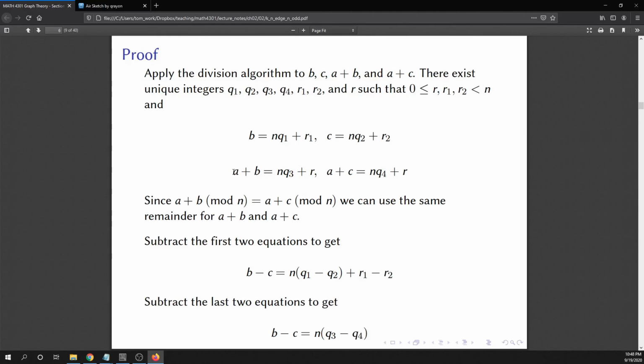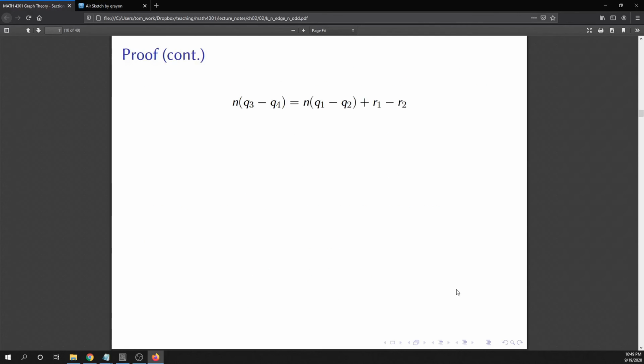On the second equation, I have A plus B minus A minus C, so that will give me B minus C. And then I have nq3 minus nq4. And then because the remainders are the same, they drop out. Okay? So now I have both of these expressions equal to B minus C, so therefore they are equal to each other. And so I get this.